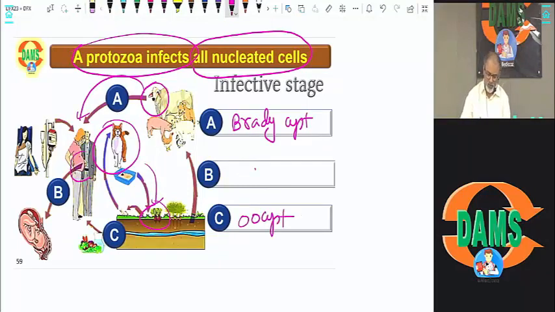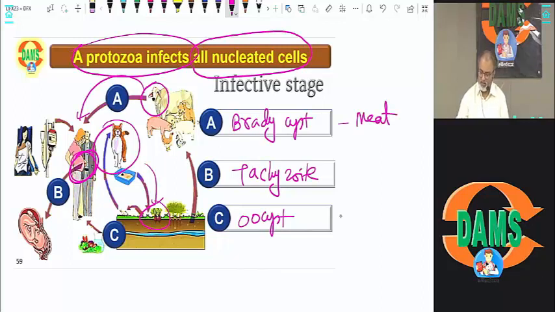Once it enters a human being, there is man to man transmission via blood transfusion or mother to child. Infective stage is tachyzoite. So this is from meat eating, this is from cat feces, and this is from circulation.